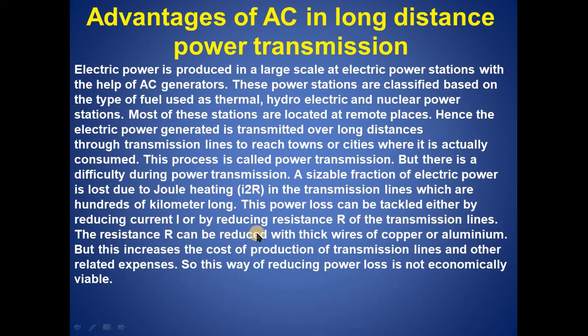The resistance R can be reduced with thick wire of copper or aluminum, but this increases the cost of the transmission lines and other related expenses. So this way of reducing power loss is not economically valuable.